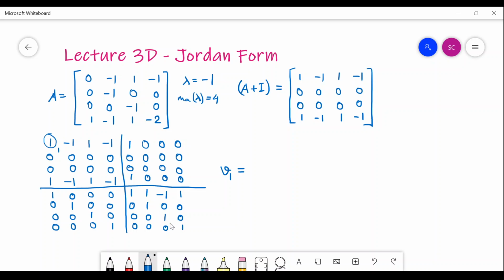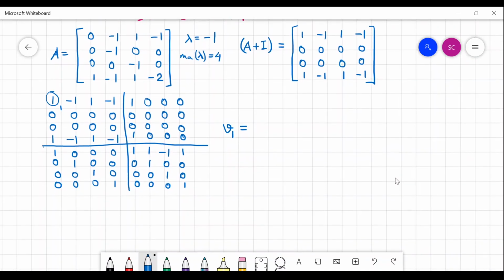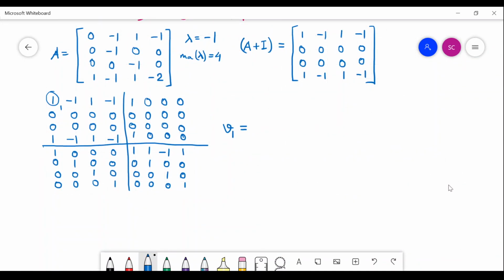now you see you have three basis vectors here, and in this case we will be working with algorithm 2. It is beneficial to express them in this manner: V1 is any vector satisfying the equation A plus I V1 equals 0. Any such vector is basically a linear combination of these three basis vectors, which we can denote as V11, V12 and V13.